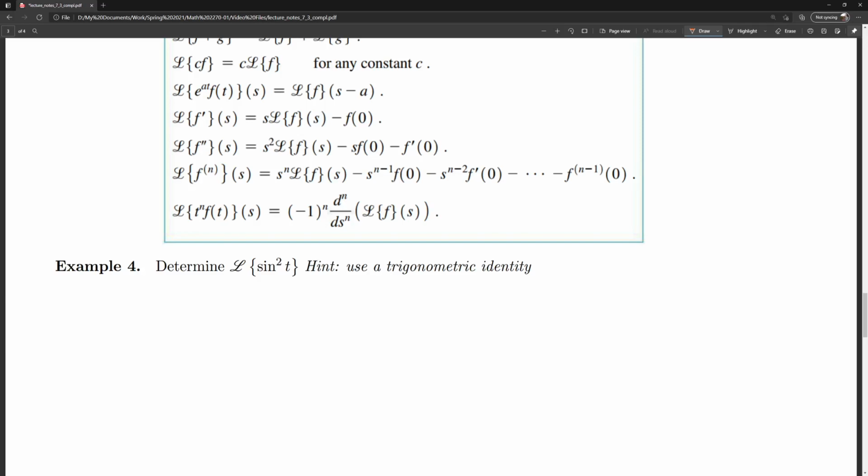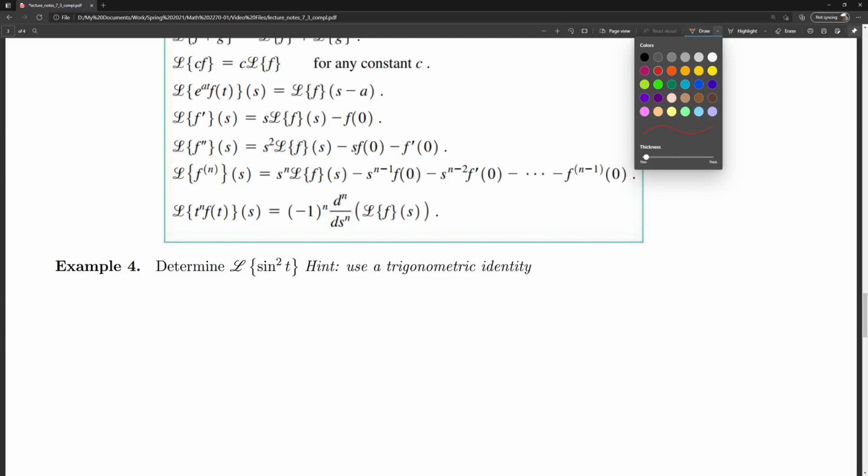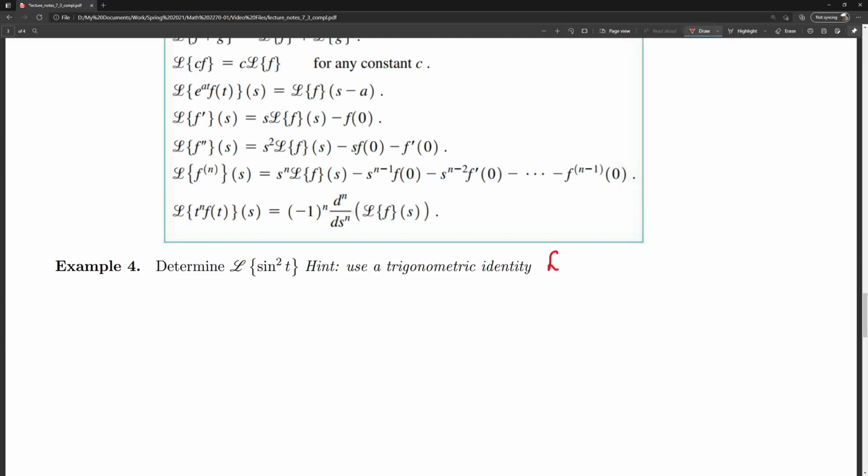It would be maybe tempting to say that the Laplace transform of sine of t times sine of t is the Laplace transform of sine of t times the Laplace transform of sine of t. And that is not correct. So that does not hold.